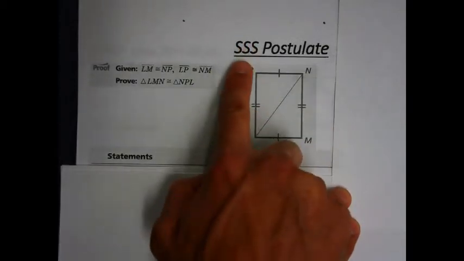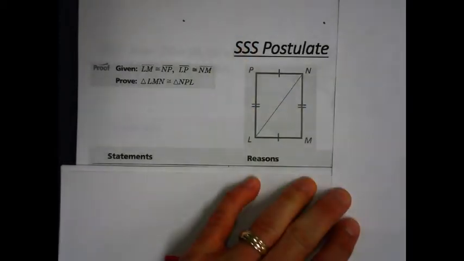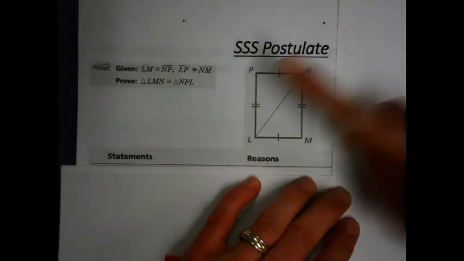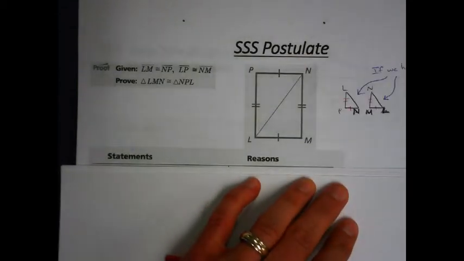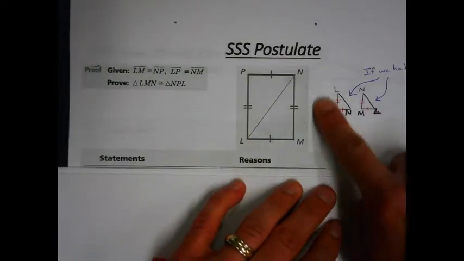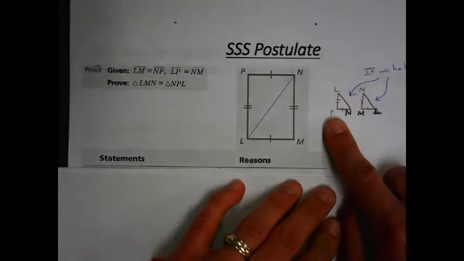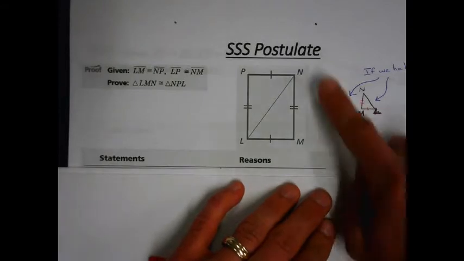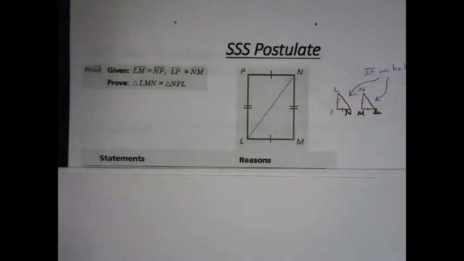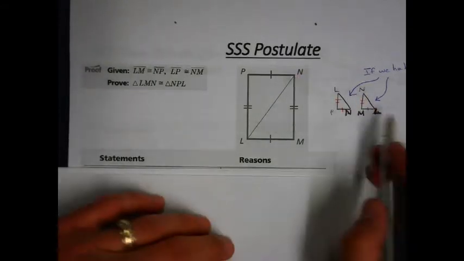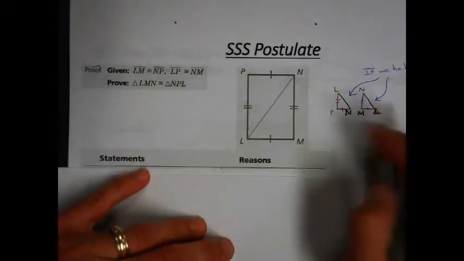Clearly, we're going to use the side, side, side postulate. So what is it that we're looking at here? So here's a helpful hint. If we have our 2 triangles, right, LPN, I rewrote this, LPN, I drew that triangle here, and then we have the other triangle, NML, and again, I drew it NML, and we know what is congruent, right? We have LM and NP congruent, right?